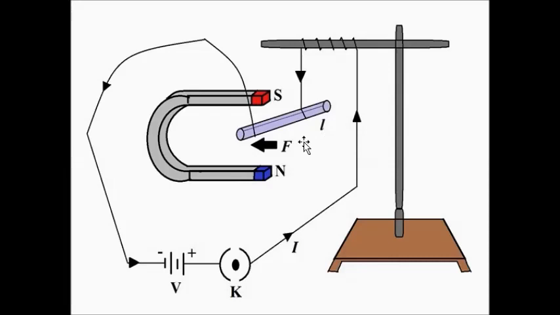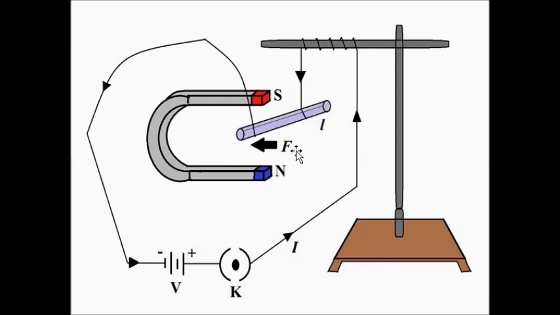This is basically the whole arrangement that we can perform to understand the behavior of a current carrying conductor in a magnetic field. We have placed a conductor carrying current, with the help of this DC voltage source, in the magnetic field of, let's say, a horseshoe magnet.